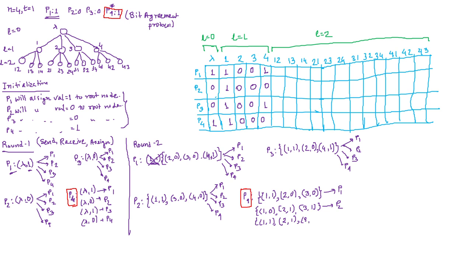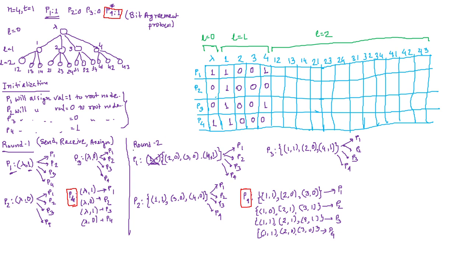So let's say this to P3 and this to P4, this to itself, right? Now the send and receive part is done for round 2.